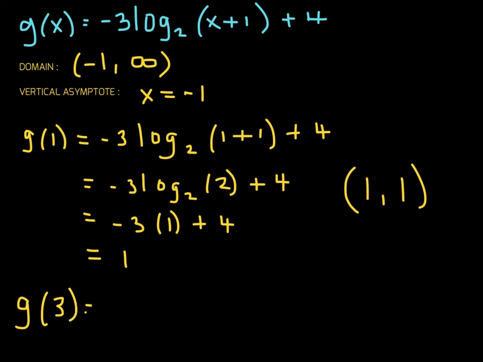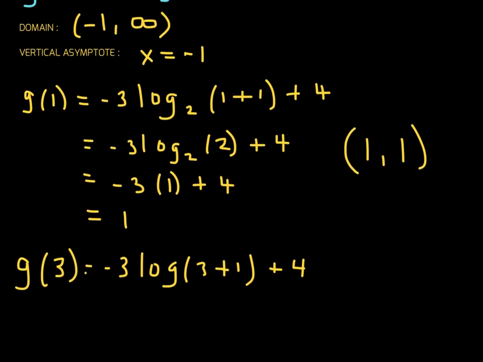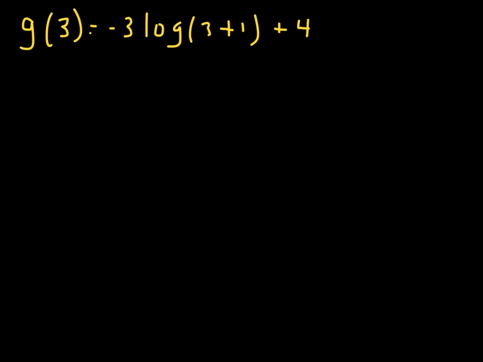So then this would be negative 3 times log of 3 plus 1, and then plus 4. So then this is equal to negative 3 times log of 4. Oh, I dropped my base. Did you guys see that I accidentally forgot my base here? The base is 2. Let me add that in real quick. Super important, right? Log base 2 of 4, plus 4.